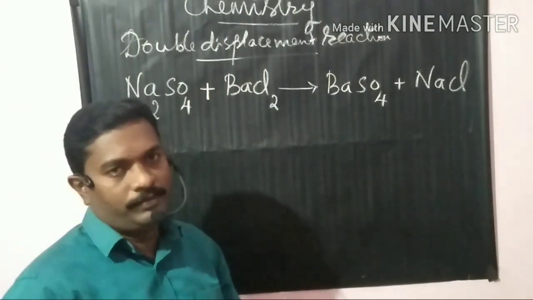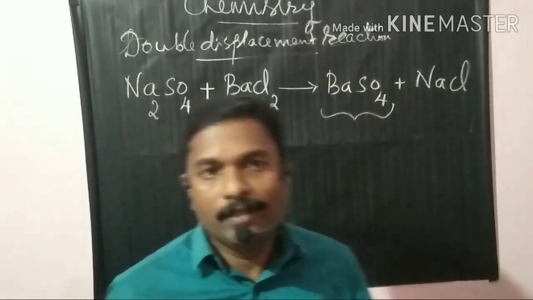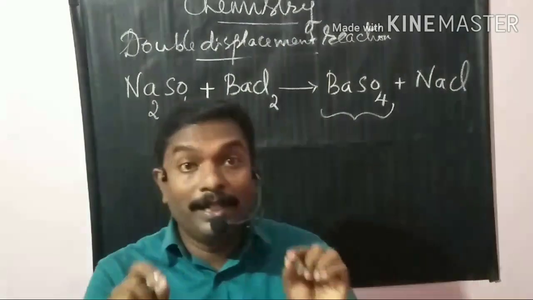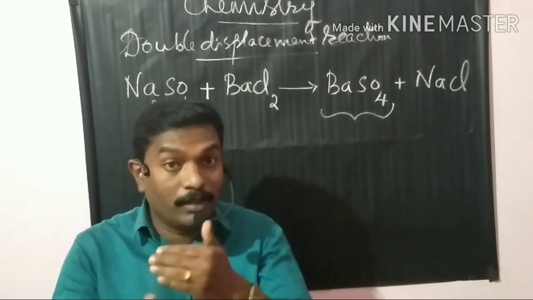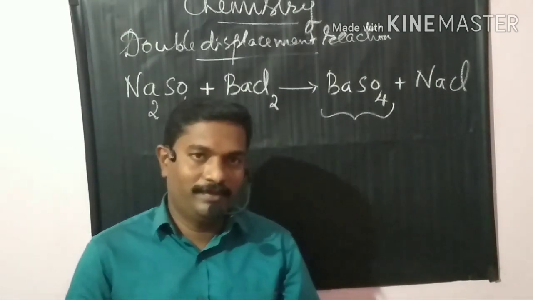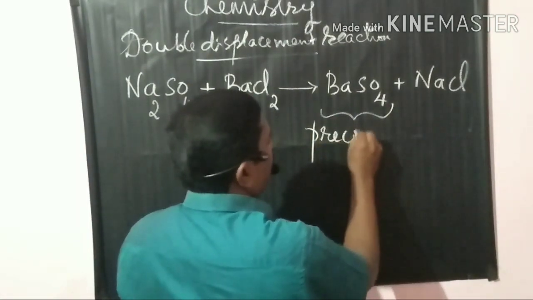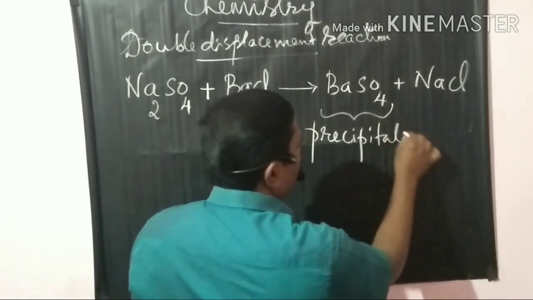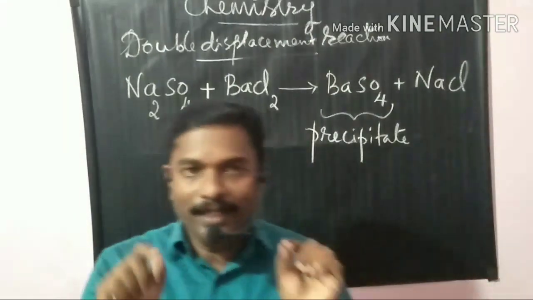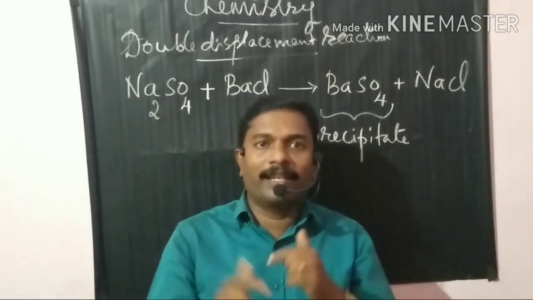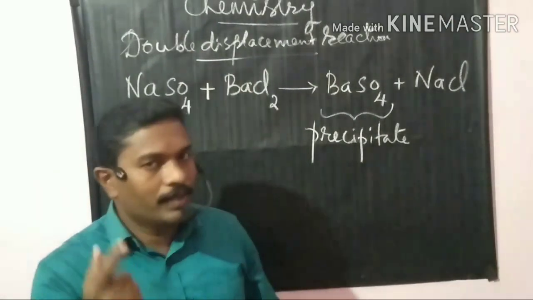Here barium sulfate is an insoluble substance formed. The presence of this insoluble salt in the mixture appears as a precipitate. I think it is a new word for you. Precipitate. Any insoluble salt formed during a chemical reaction is called a precipitate.